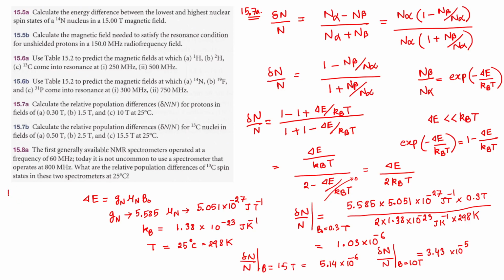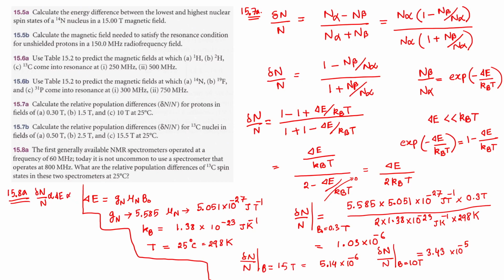So let me do it here only. So delta n by n, actually, if you see, is delta E by kBT. So it is dependent on delta E, and delta E is obviously dependent on B0, right?